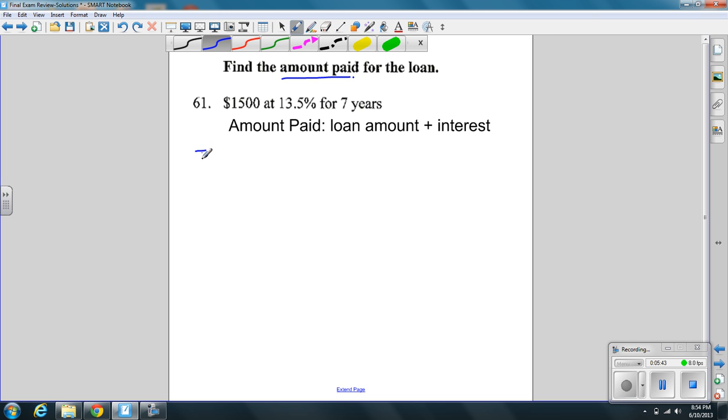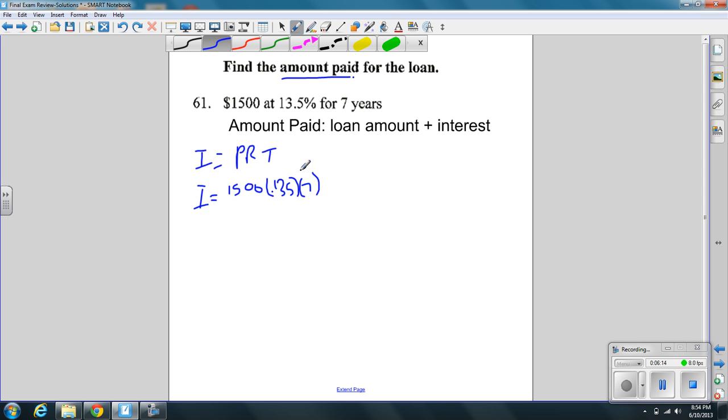So I equals PRT. Okay, so the interest, we don't know, equals the principal of 1,500. That's how much we borrowed. The rate is 13.5% or 0.135. And our time, we need to make sure it's in years, which it is, times 7.